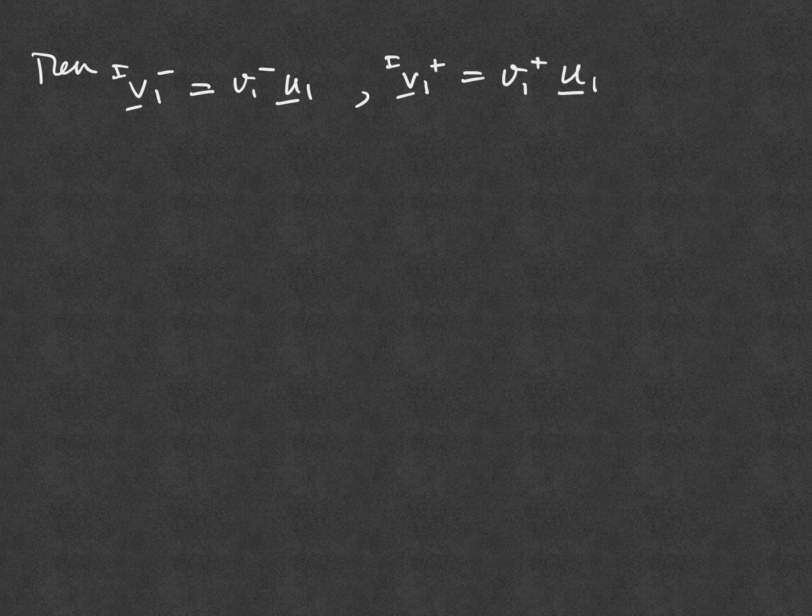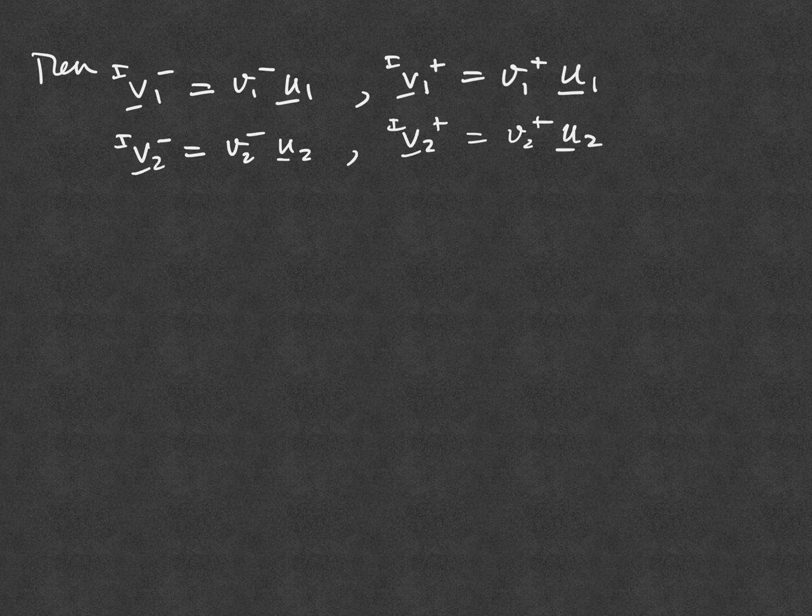And similarly, v2 minus I is equal to v2 minus, its magnitude, times its direction, and v2 plus I is equal to v2 plus, its magnitude, times its direction.